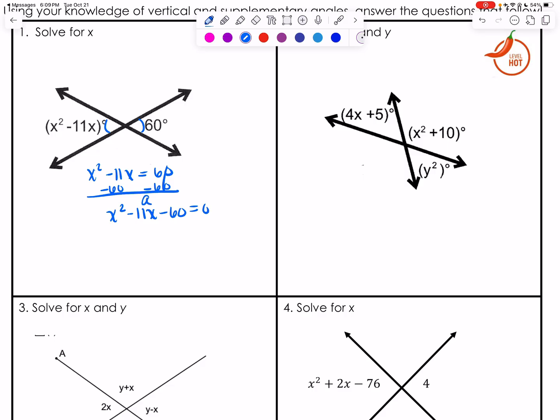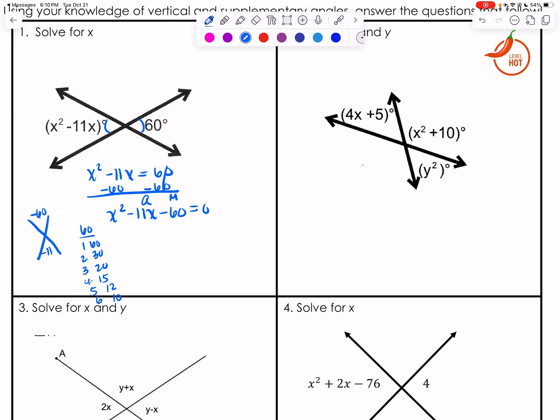And I want numbers that add up to negative 11 and multiply to negative 60. So I draw my diamond, and I think of the numbers that multiply to 60, which are 1 and 60, 2 and 30, 3 and 20, 4 and 15, 5 and 12, 6 and 10, and I believe that's it.